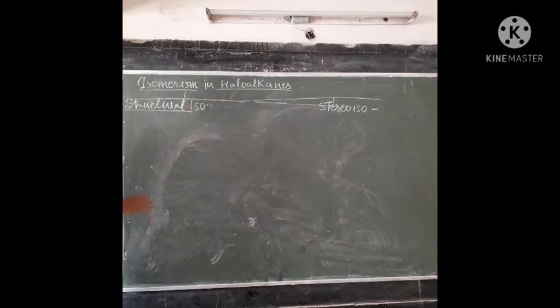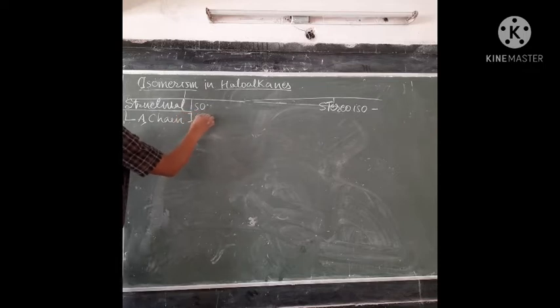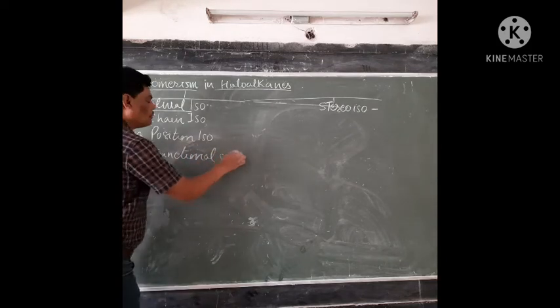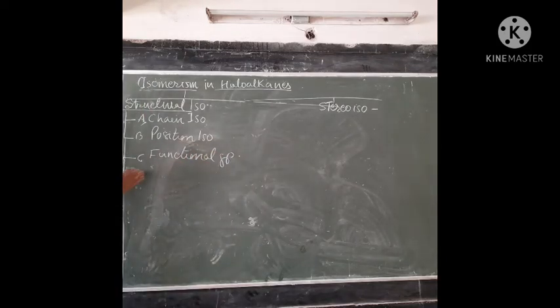In structural isomerism, there are four types. First one is called chain isomerism. Second one is position isomerism. Third one is functional group isomerism. And the fourth one is metamerism.